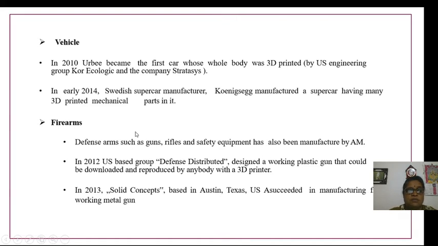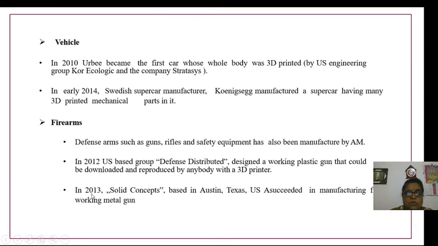Then firearms. This is very important in defense. They are using it for firearms, that is water guns, even rifles. The safety equipment has also been manufactured by AM. During 2012, Defense Distributed designed a working plastic gun, a US based group.